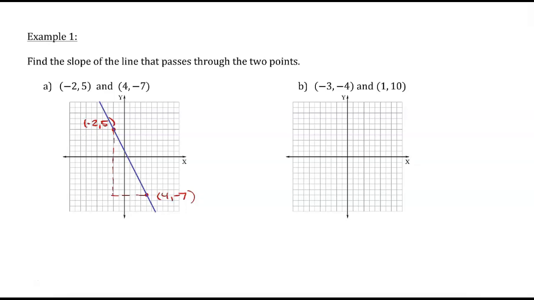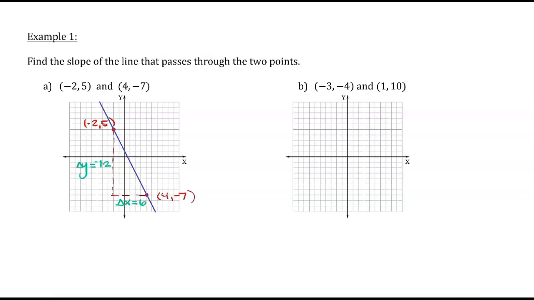To go from a height of +5 down to -7, we have to move in the negative direction 12 units. That is, our change in y value is -12. To go from an x value of -2 over to +4, that's a change in the positive direction of +6.